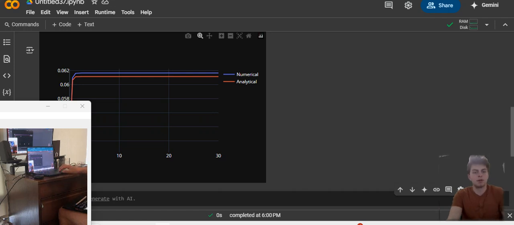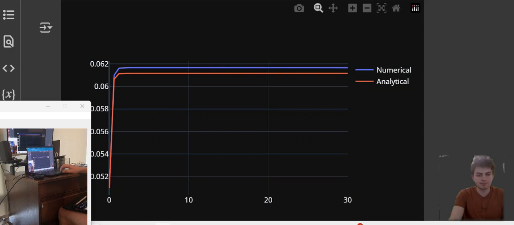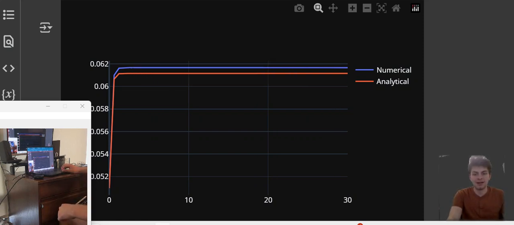There we go. Okay, so as we can see here from this plot, our numerical and our analytical are quite close. In fact, it looks like the fourth decimal place is where they start to differ.